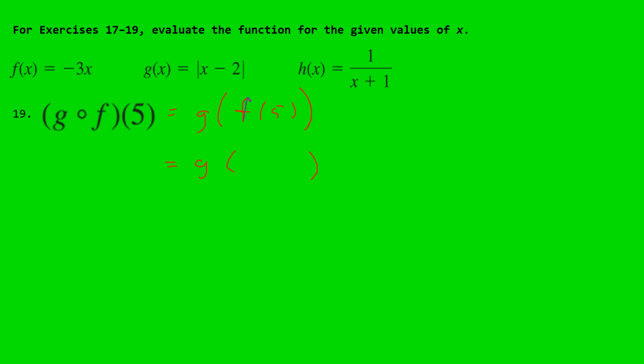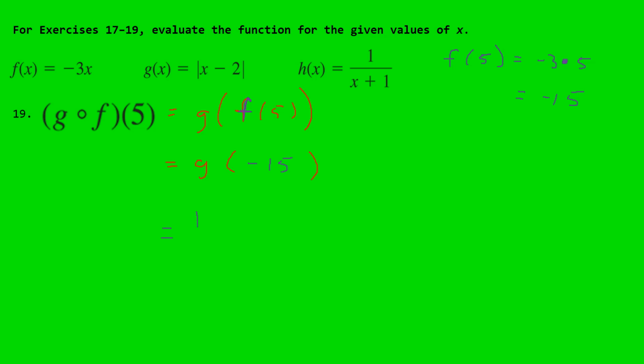Okay, so this f of 5 here, well, by the time I can draw attention to it, you already realize that f of 5 is negative 15, right? Because f is the multiply the input by negative 3 function. And so this f of 5 here is negative 15. We're going to take negative 15, we're going to run it through g.